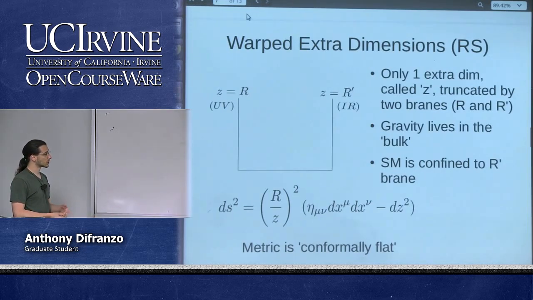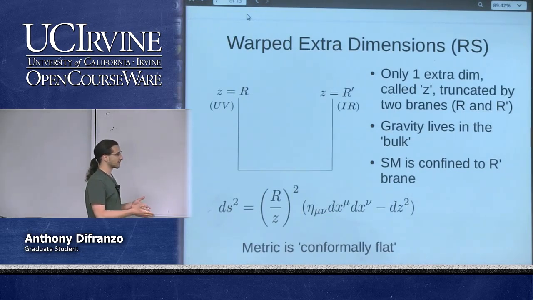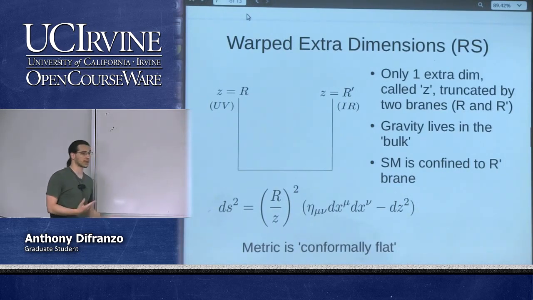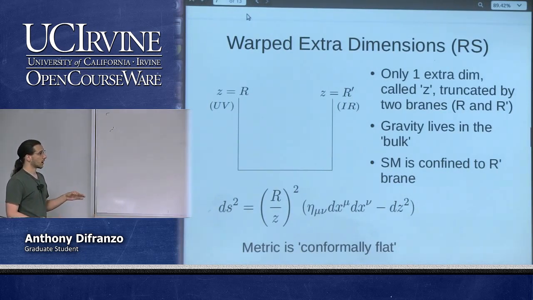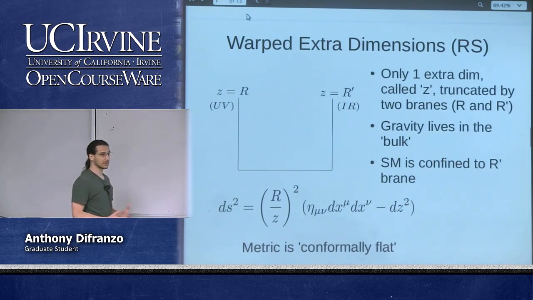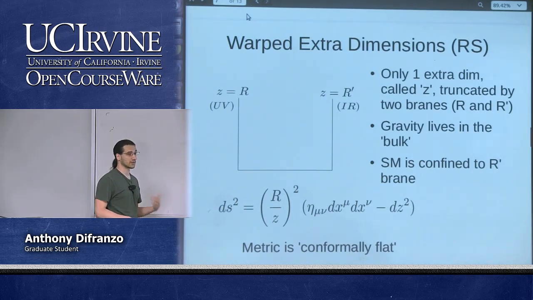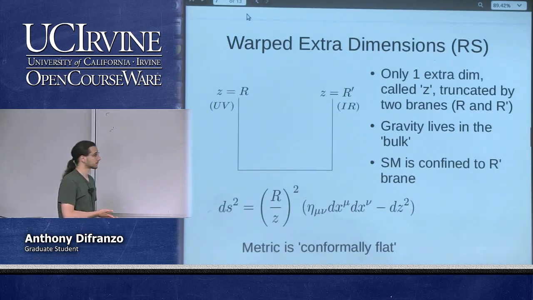And how you should picture this is that each brane is a 4-dimensional brane. So the 4 dimensions that we see are located at R prime, so at the IR brane. So all the particles we know about, electrons, protons, and whatnot, are all fixed at R prime. Gravity, however, can travel in the bulk, which means it sees all 5 dimensions. It can travel in the z direction, the way I've drawn here.